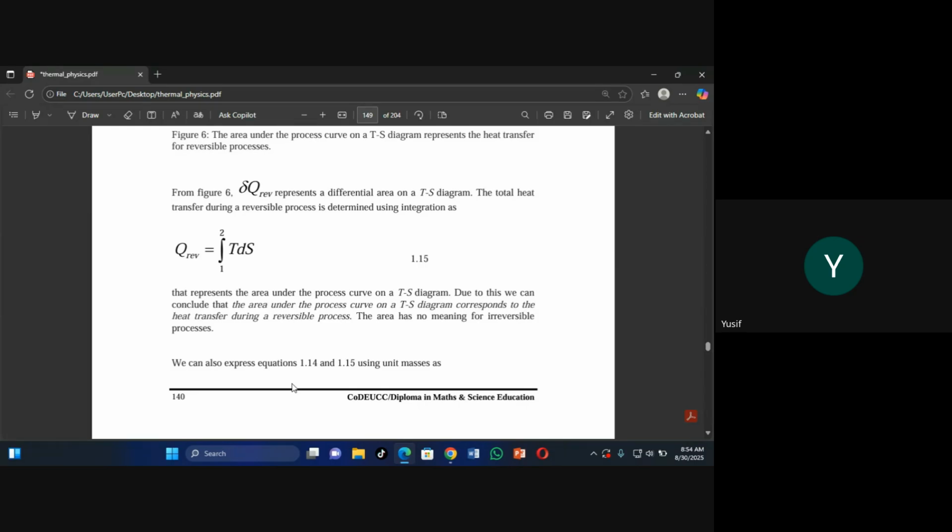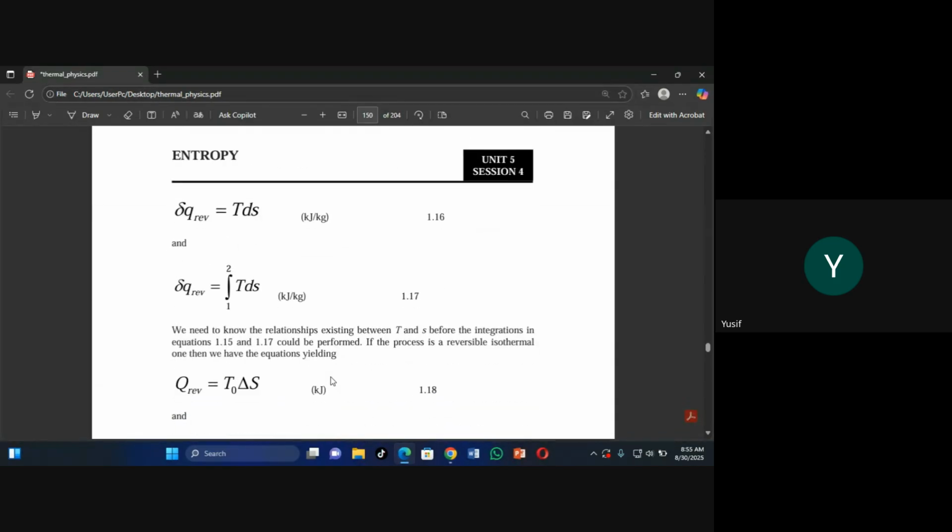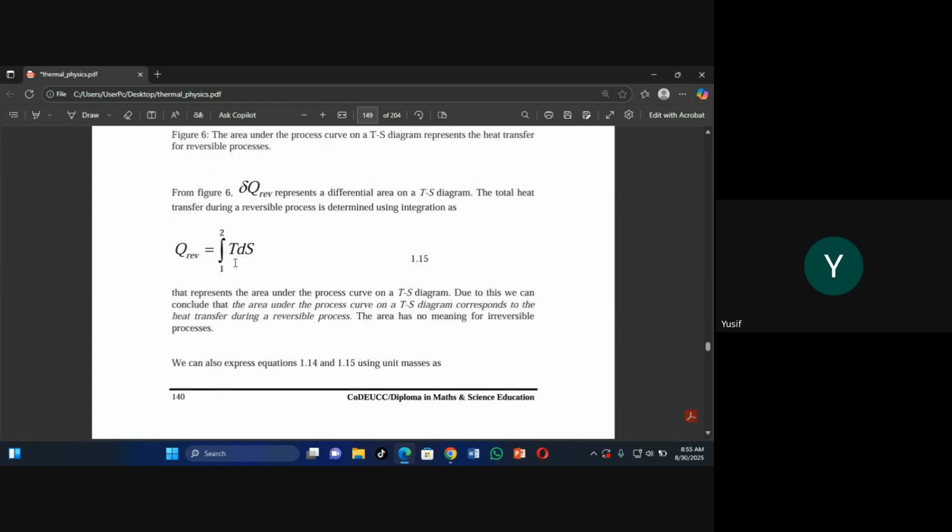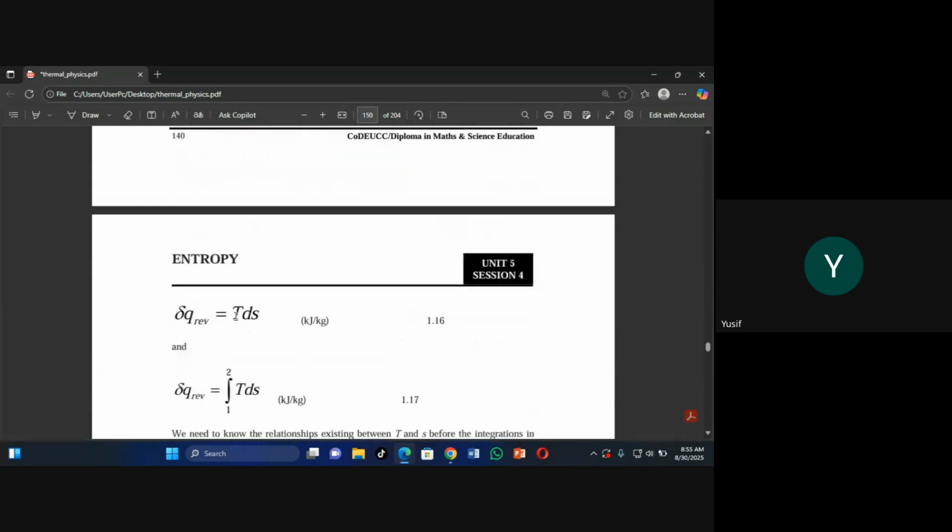Okay. We can also express equations 1.14 and 1.15 using unit masses as 1.16 and 1.17. It means you are just using this same thing, and it's the same as what we have over here. And we've not changed anything.